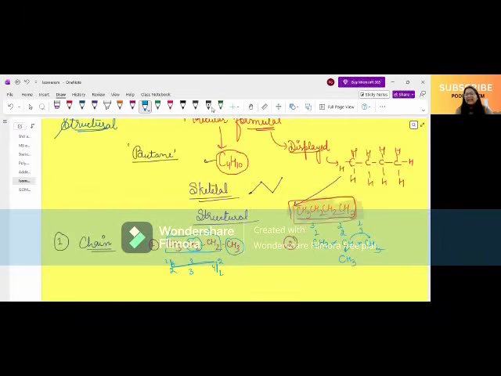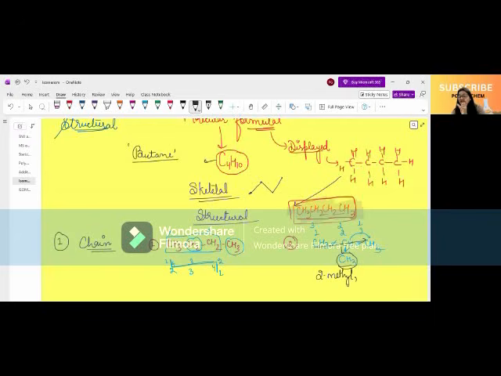No difference. My name will still remain the same. At the second carbon, I am having a branch. This is my parent chain now, and this becomes a branch. What is this? Methyl. One is meth, and with one less hydrogen than the alkane it becomes yl. So 2-methyl.